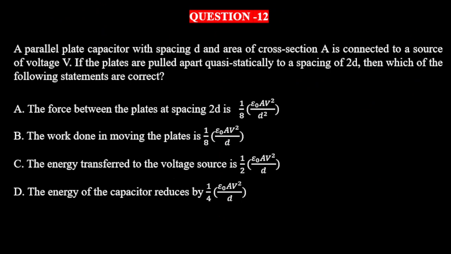So how much energy will transfer in this case? The energy transferred to the voltage source, delta U, equals the voltage across the battery, which always remains the same, V, times the amount of charge that will transfer from the capacitor to the voltage source, that is the amount of charge reduced on the capacitor, dq.